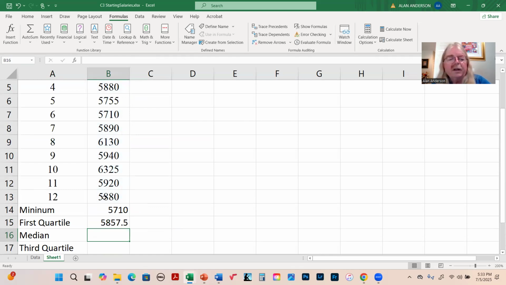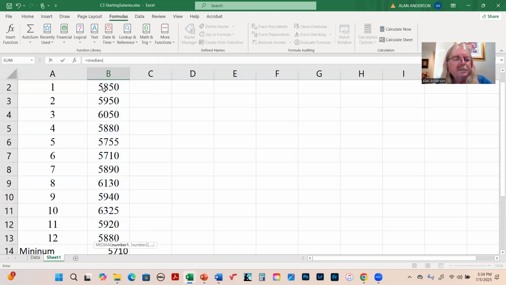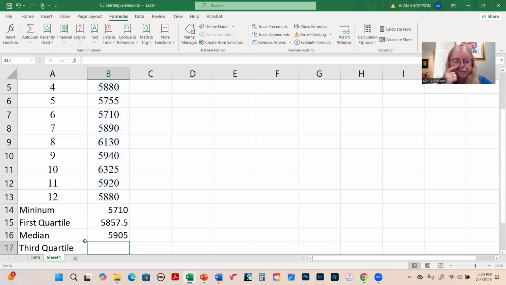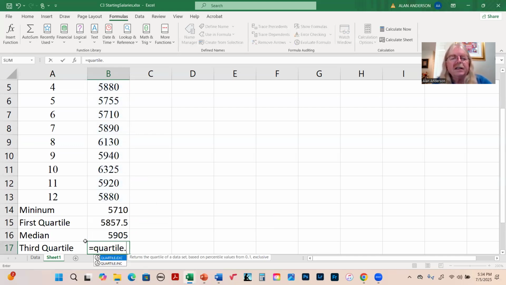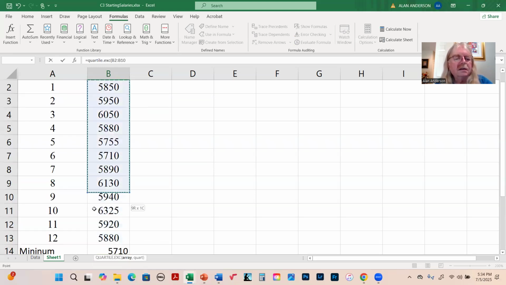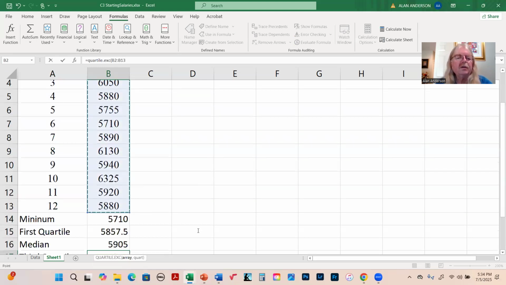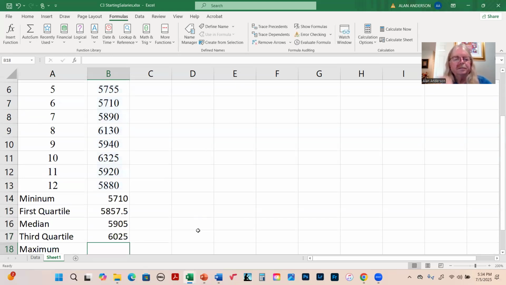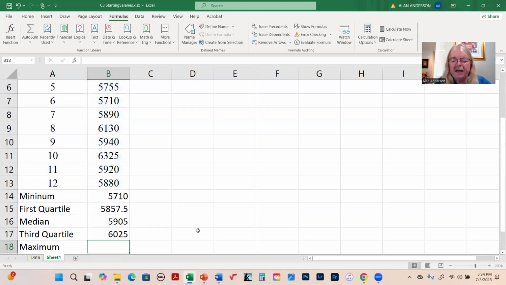Then the median is easy. That's the second quartile, but we can also just say, what's the median? Third quartile, same thing, QUARTILE.EXC. Here's our array of data, and we're going to ask for the third quartile. And then finally, we're going to ask for the maximum, which is simply MAX.